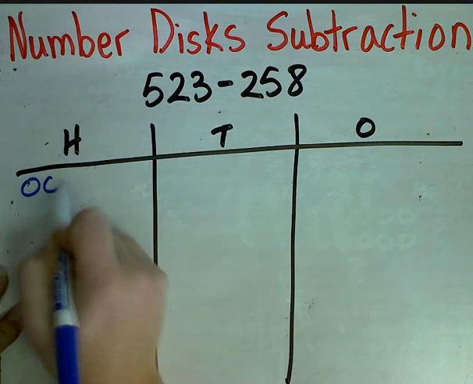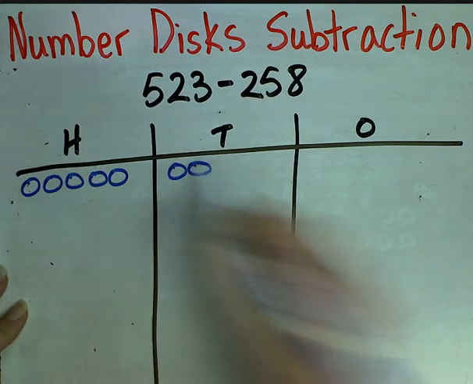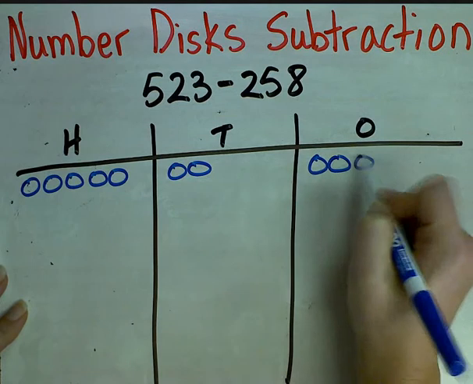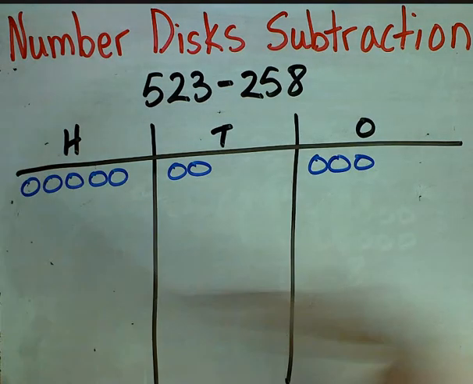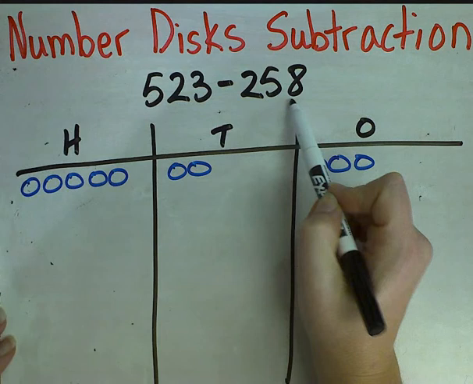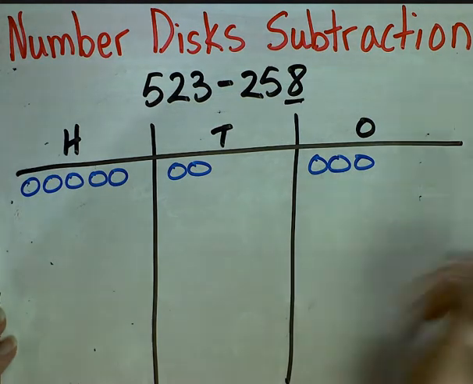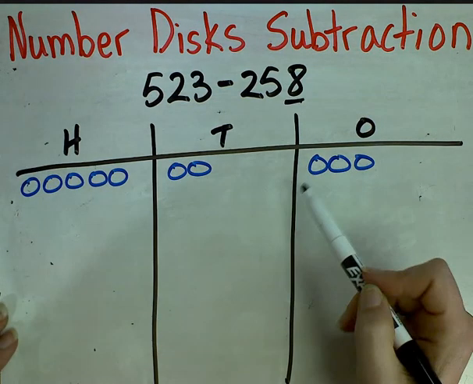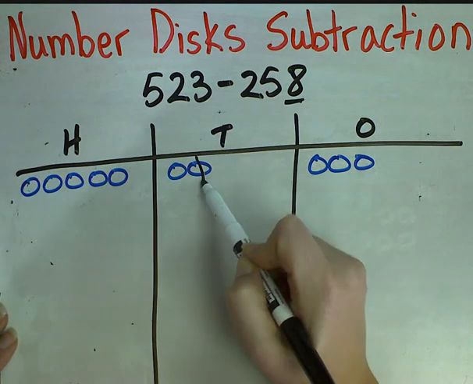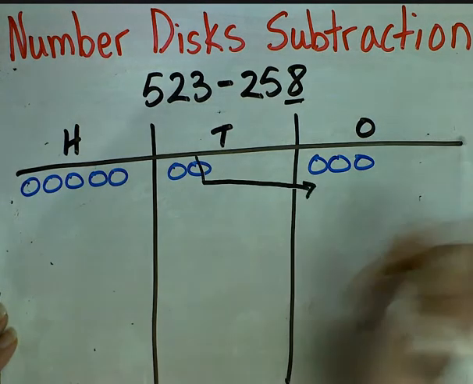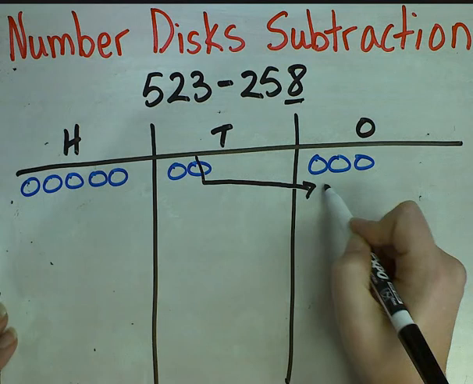Is 5 hundreds, 2 tens, 3 ones. Now, I'm going to begin with my ones, 8. I cannot subtract 8 from 3, so I'm going to have to borrow from the tens. I'm going to cross off this 10, draw my arrow, and 1 10 is the same as 10 ones.